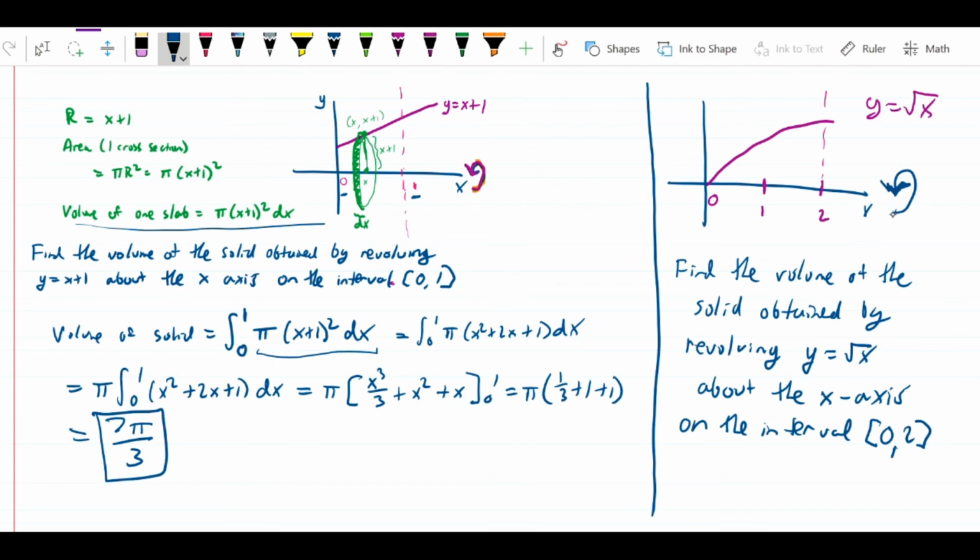And just so you know, I usually use this sort of circular arrow to indicate that we're revolving the region about a particular axis. So here's the region that's being revolved. There's the curve, and I'll put the question up.